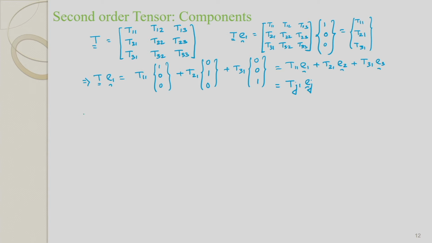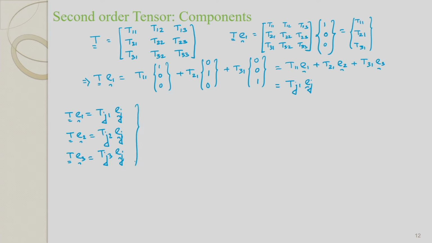So, Te1 is Tj1 Ej. Similarly, you can see Te2 is Tj2 Ej and Te3 is Tj3 Ej.